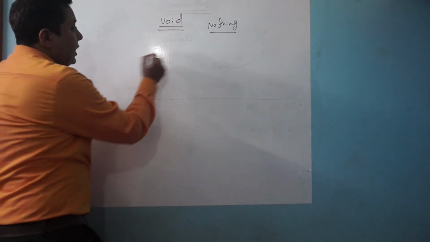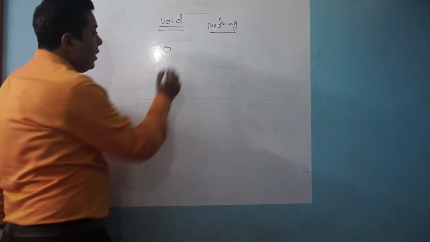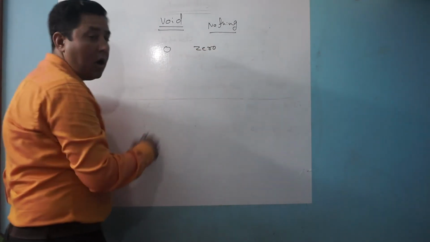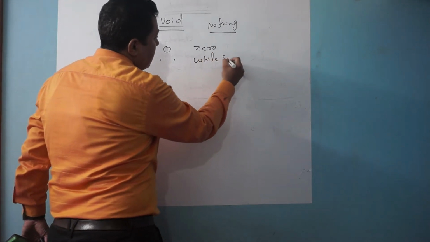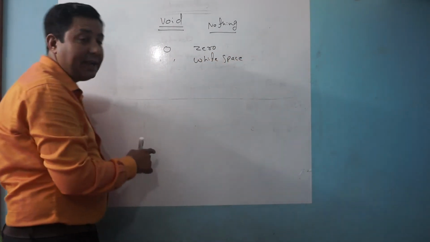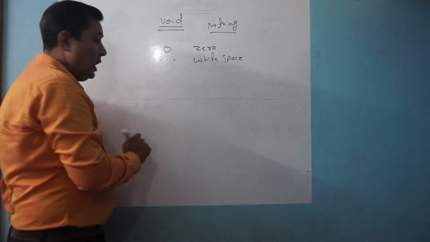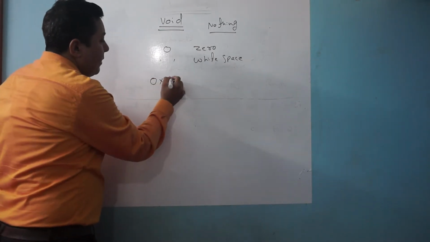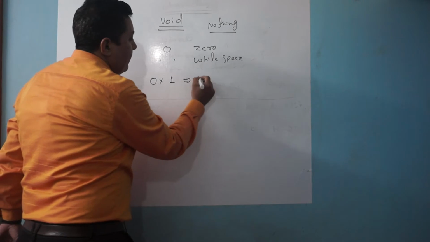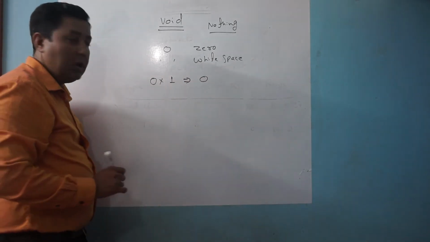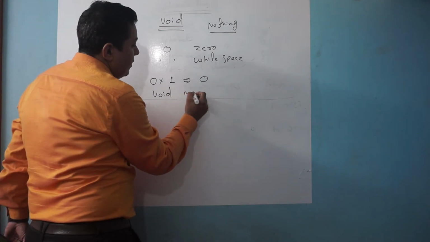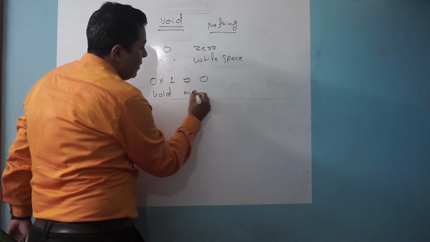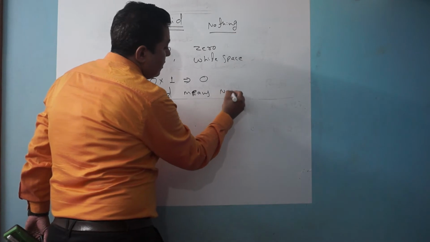If I am taking 0 or white space, then it is something. If I am multiplying 0 by some digit, it will become 0. But void means nothing.